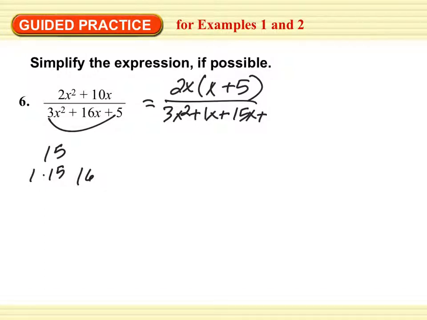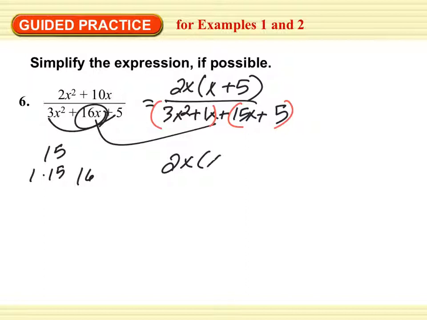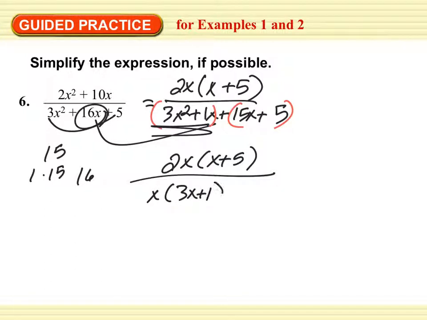Nope. Sorry. I take this and I separate it into 1 and 15. So we go there. I group the first two and the last two, and I factor out the common factor. I'm going to rewrite the numerator first. The denominator. So here I can factor out an x. 3x plus 1 is left.